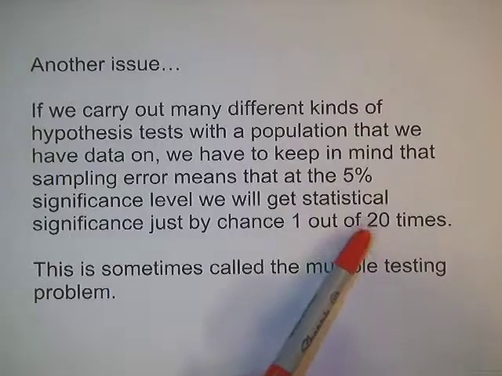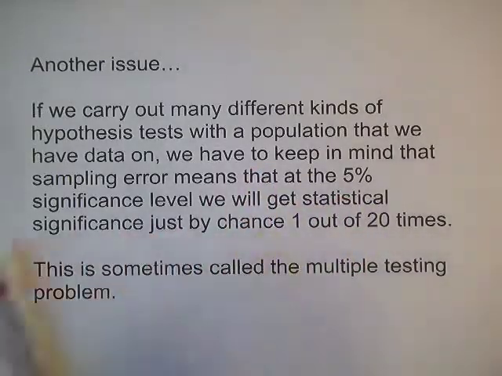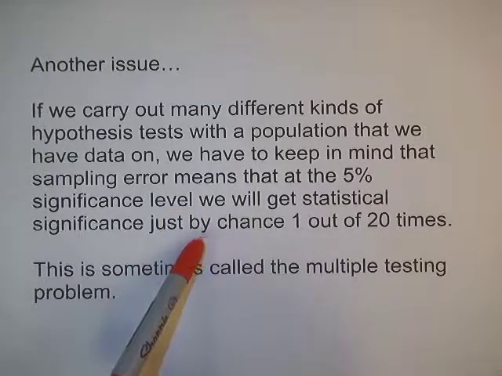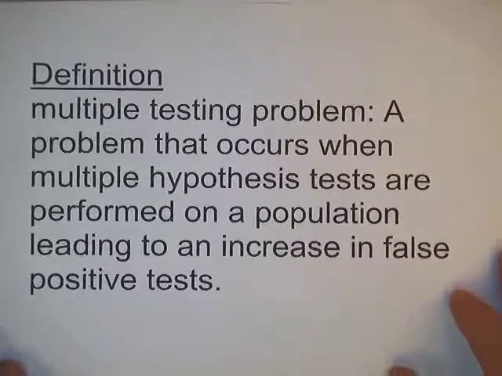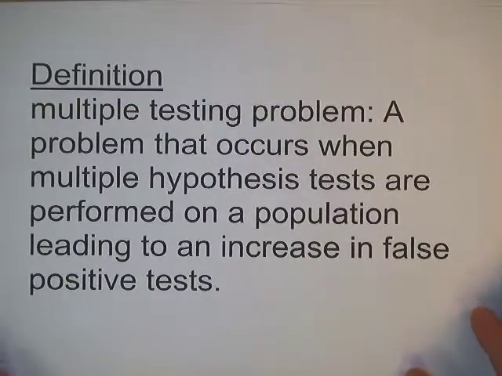Especially if you're running many hypothesis tests, you might end up getting a lot of false positive tests. That is an issue that we need to make sure we are wary of. So the multiple testing problem is a problem that occurs when multiple hypothesis tests are performed on a population, leading to an increase in false positive tests.